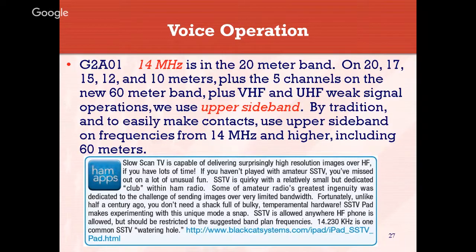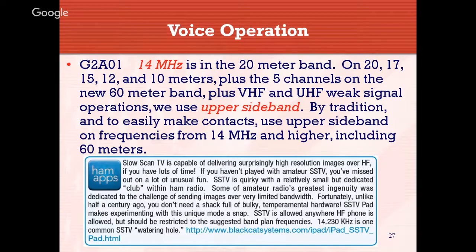Now, slow scan TV, it has a little thing here on slow scan TV. And I don't know exactly why they plugged it in here. But slow scan TV actually sends one line at a time, and it doesn't really use a whole lot of bandwidth.